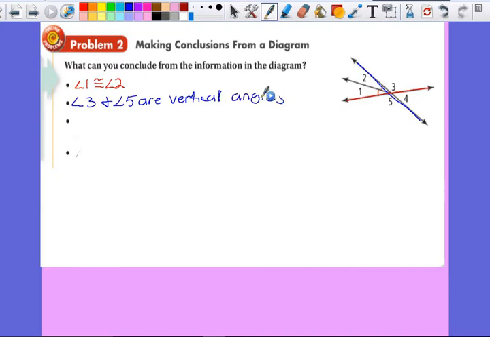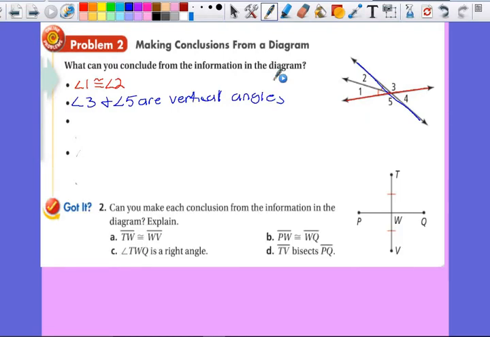All right. Let's go on to the next one here. Something else that we can identify would be any pair of adjacent angles, all right? So there's a lot of different ones. We're only going to do a couple of examples here. So angle 1 and angle 2 are adjacent.